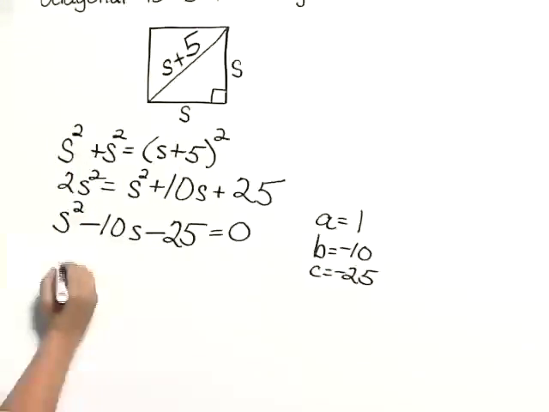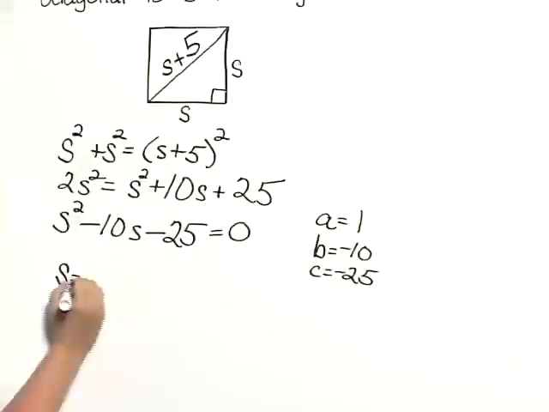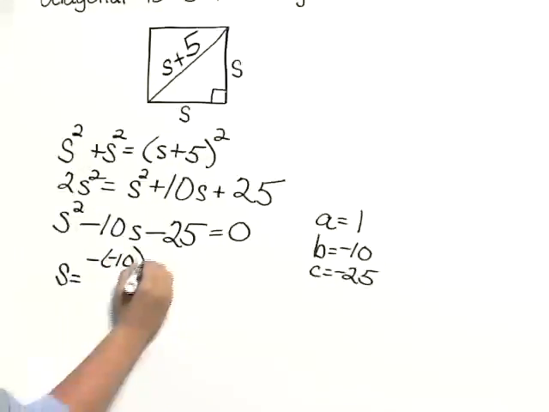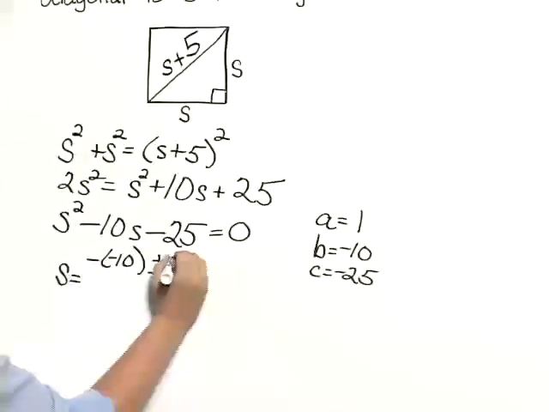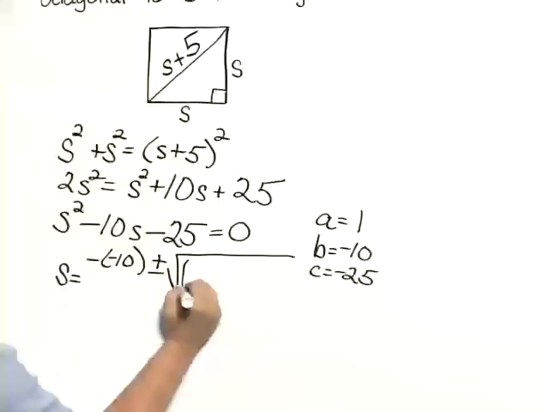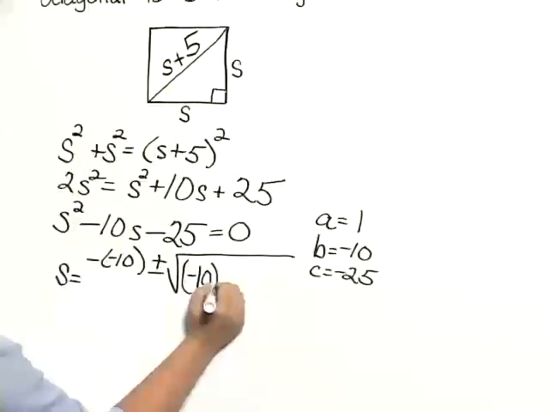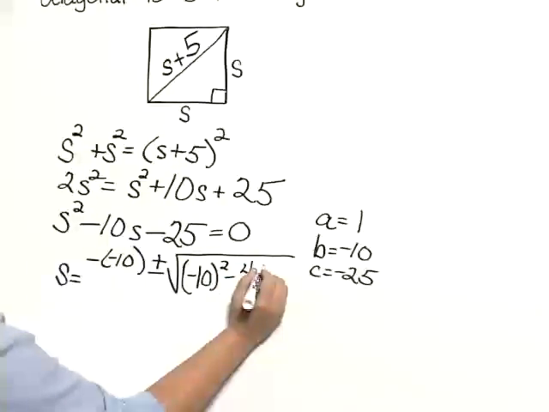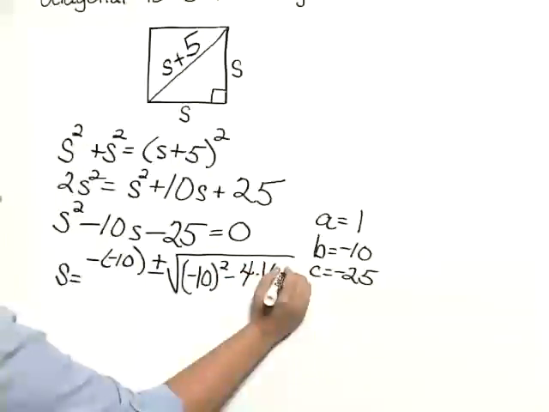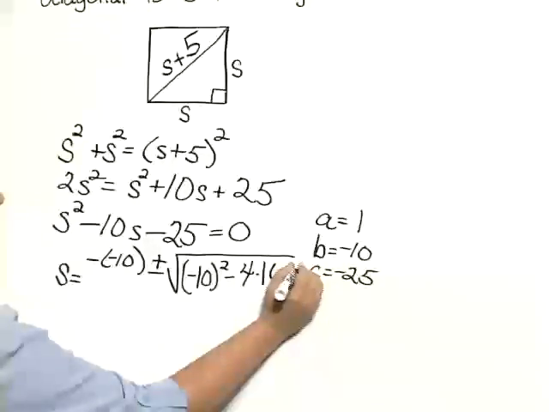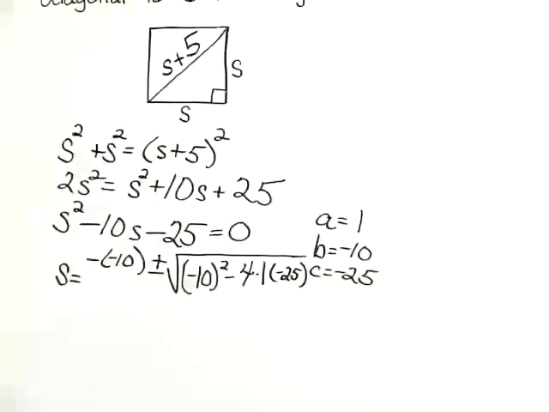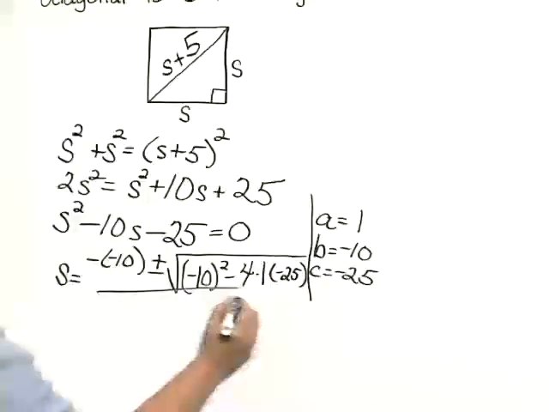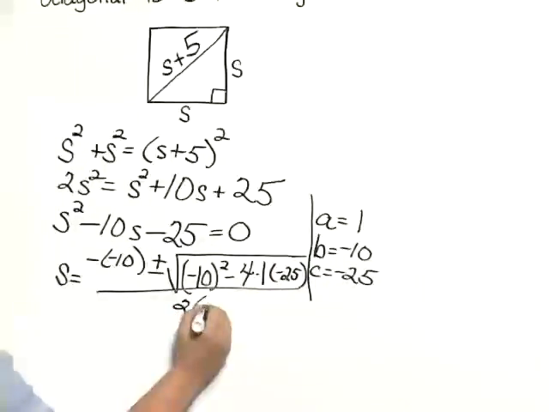Using the quadratic formula, we have S equals the opposite of B plus or minus the square root of B squared minus 4 times A times C. Draw a line there. And that's all over 2A, or 2 times 1.